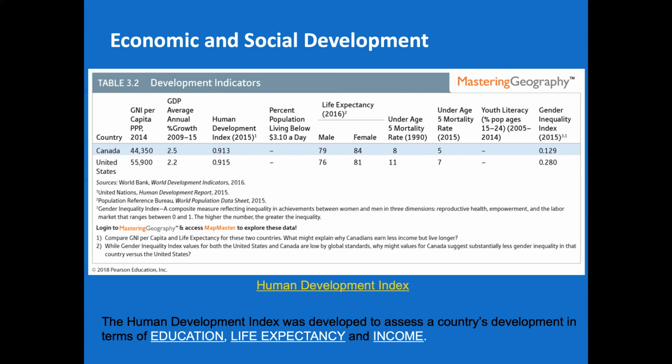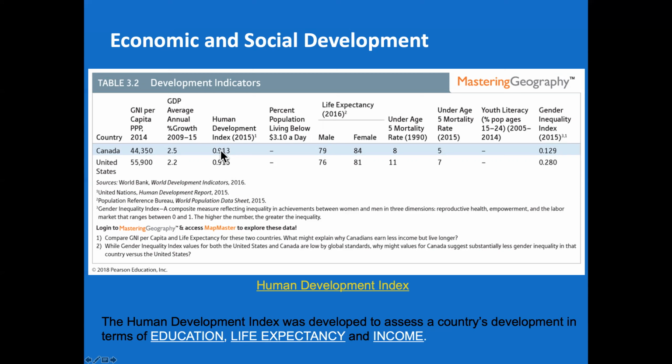So think about the idea of how much people make per person versus life expectancy, male, female, and gender equality or inequality. In the end, you come up with a number. The closer you are to one, the better.